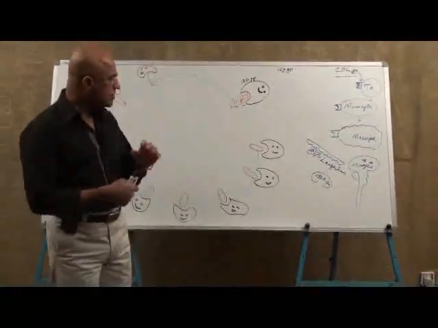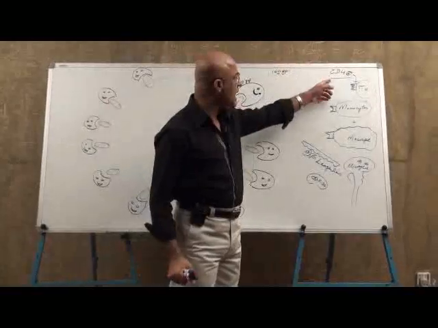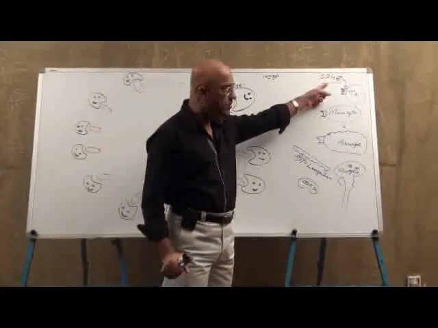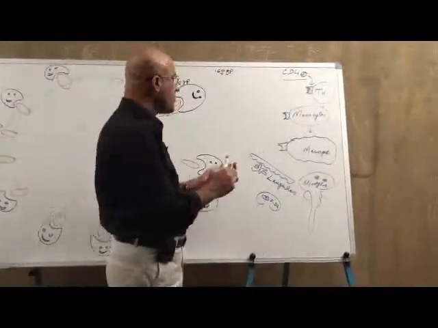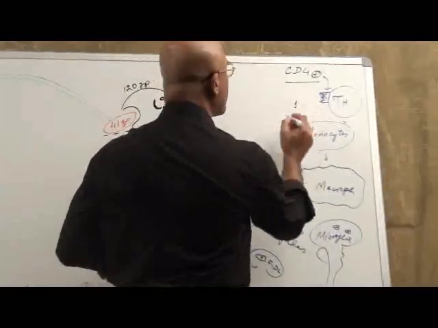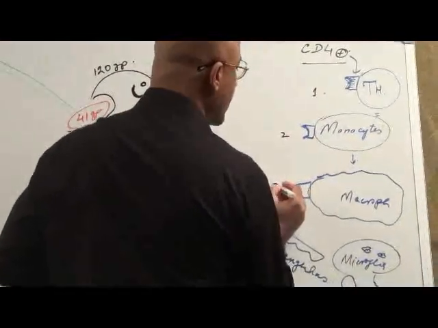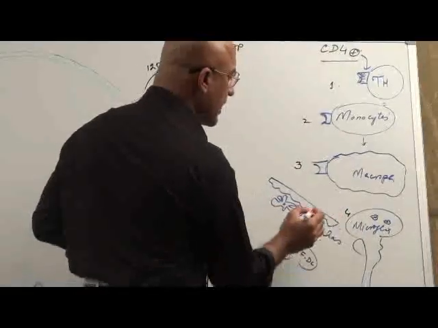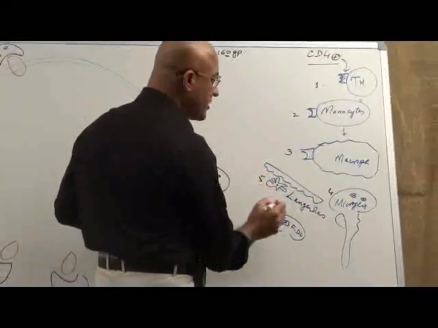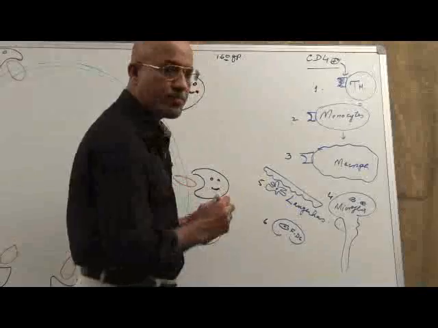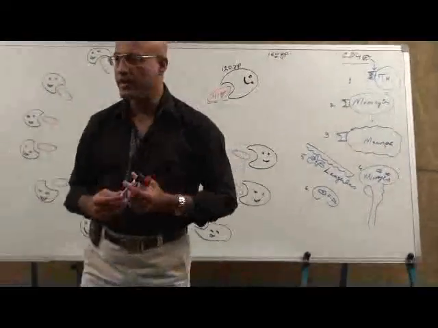Now, why did I mention these cells? How many cells do we have which are CD4 positive? One is the T helper cell, number two is the monocyte, third is the macrophage, fourth is microglia, fifth is Langerhans, and sixth is follicular dendritic cells.